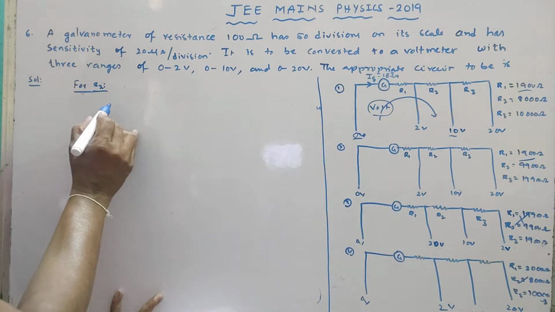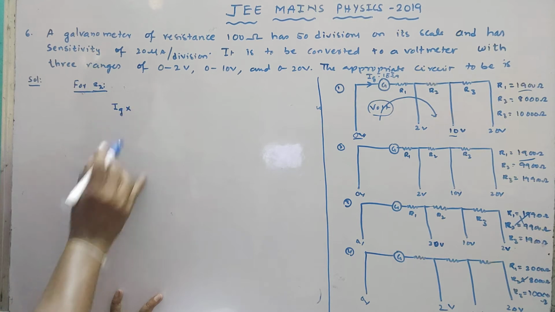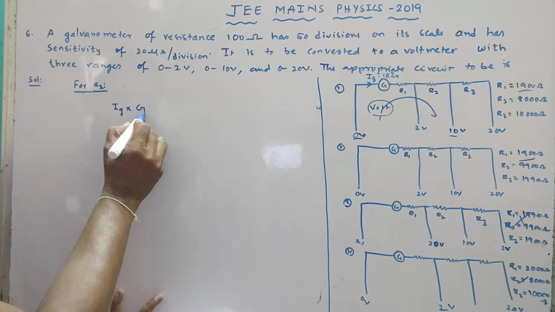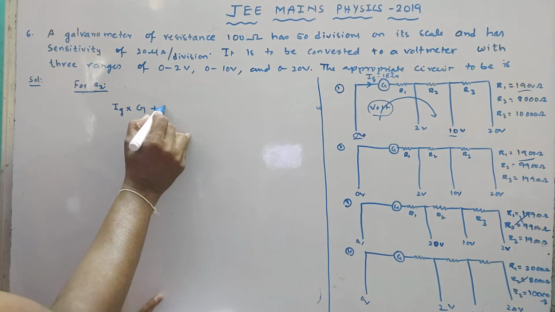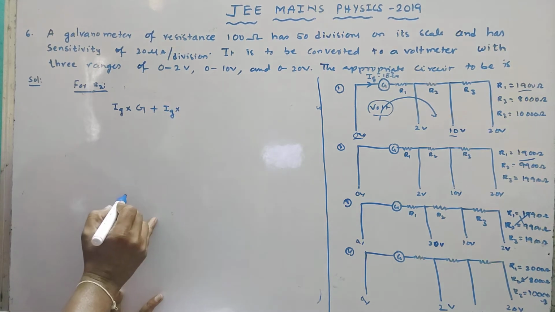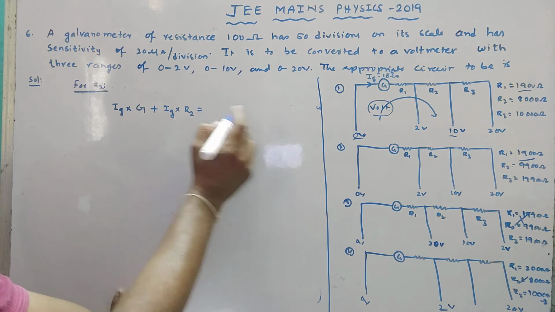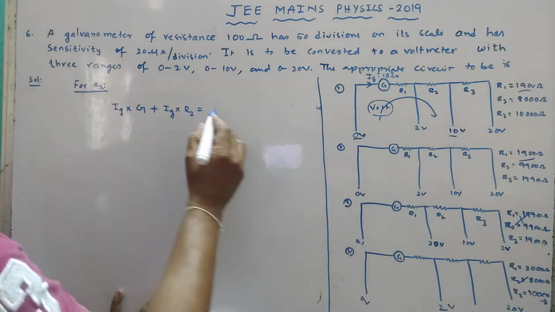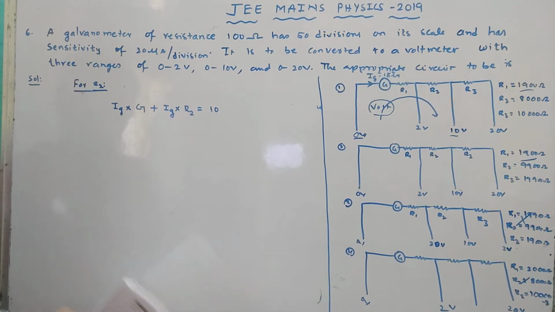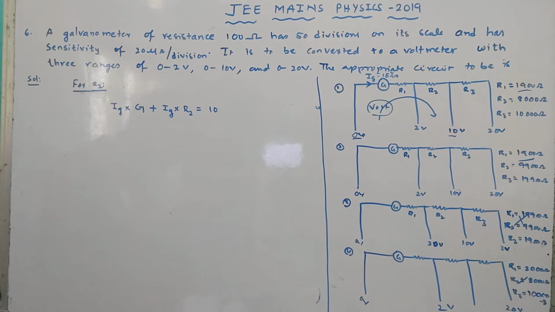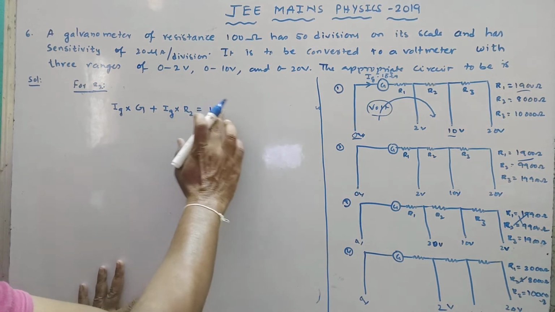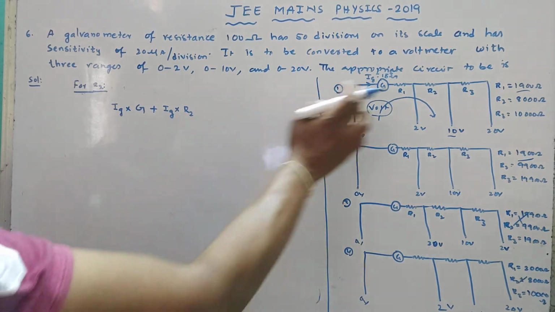So now we can apply it like this: Ig, the galvanometer current, times the resistance of the galvanometer, plus the galvanometer current with R2, equal to the range 0 to 10, so 10 volts. Next, R1 is also there.